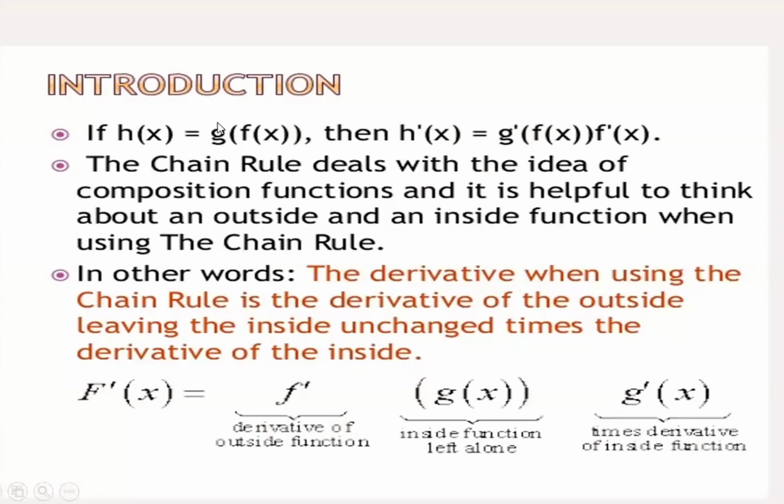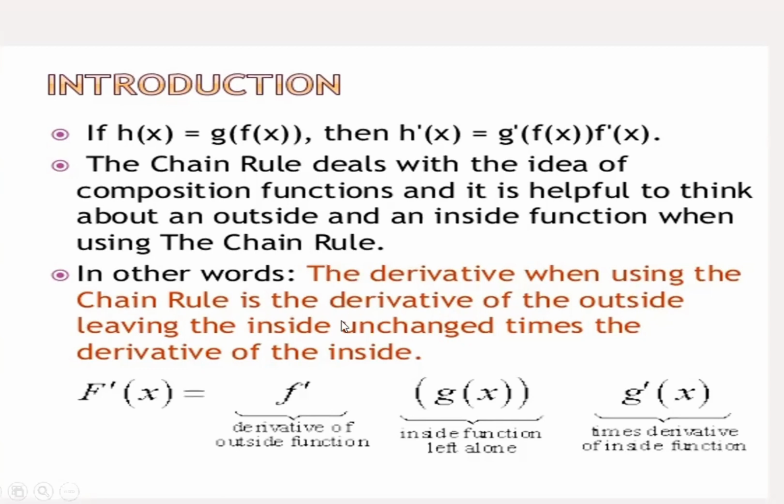So if h of x is equal to g of f of x, then the derivative of h of x is equal to the derivative of g at f of x times the derivative of your f of x. So the chain rule deals with the idea of a composite function, and it's helpful to think about an outside and inside function.